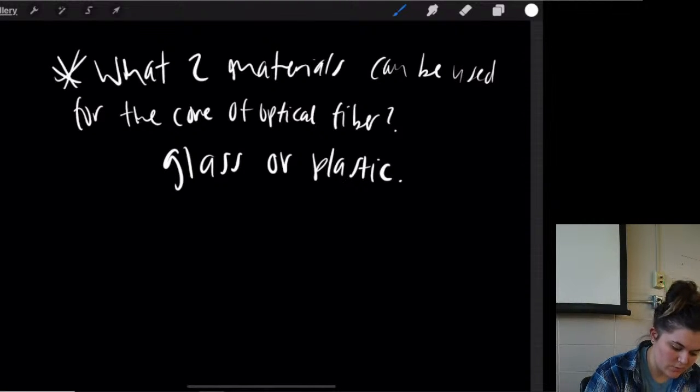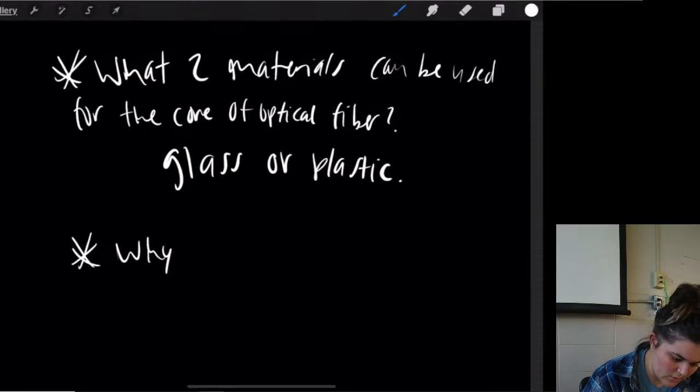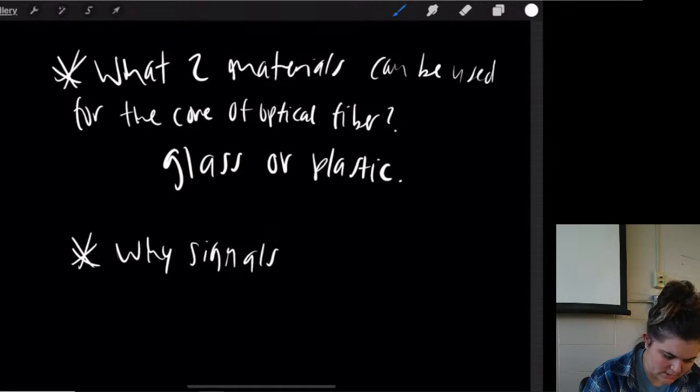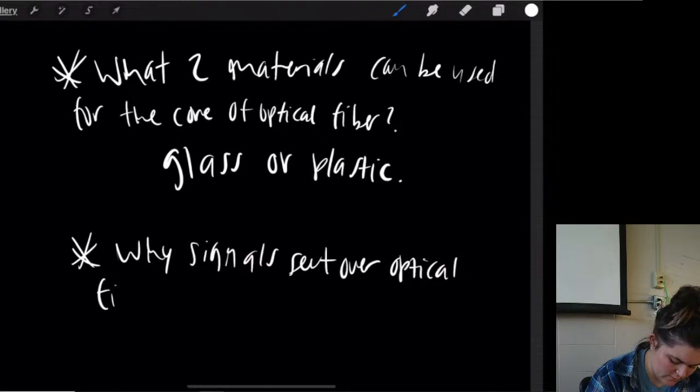The next question would be, why are signals sent over an optical fiber cable not affected by electrical noise, such as external magnetic fields produced by motors and other coils? And we didn't read about that, so I think it's because it's under the ground even up. Yeah, I'm gonna try to read through here and find the answer.